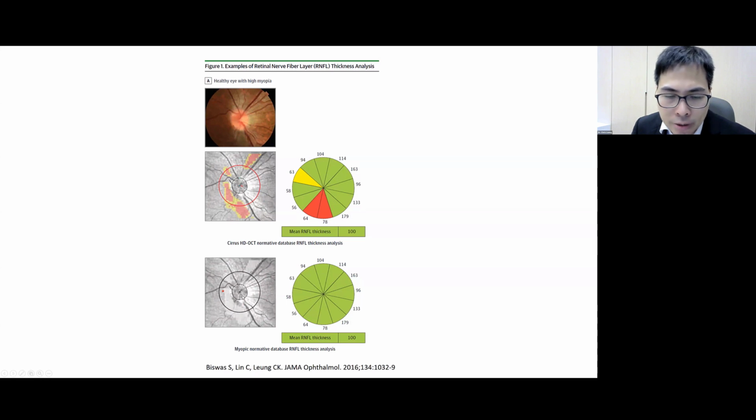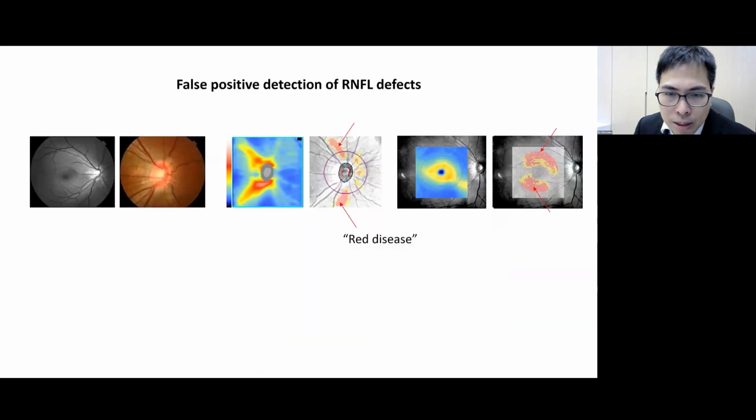So we need to be careful in the interpretation of the retinal nerve fiber thickness, particularly in eyes with high myopia.